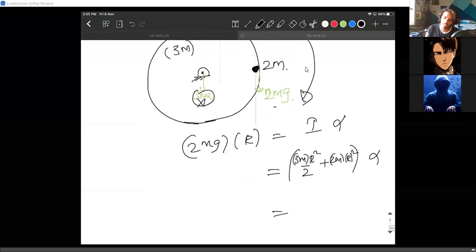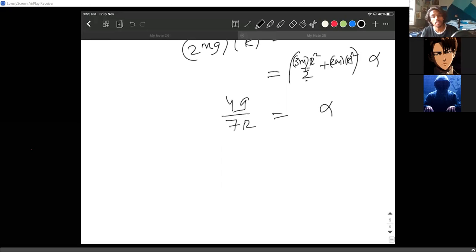If you solve this, you get, I don't want to calculate it. If you don't understand what I just did there, please let me know. Mazida says the answer is 4g by 7R. Yeah, the answer is right. This goes that way, 4g by 7R, right?